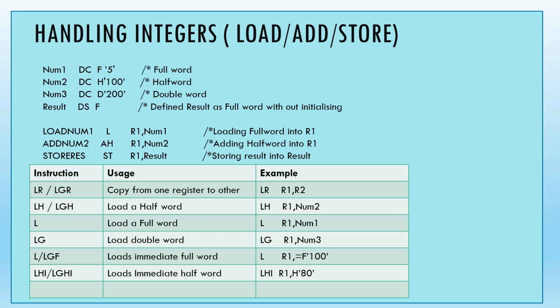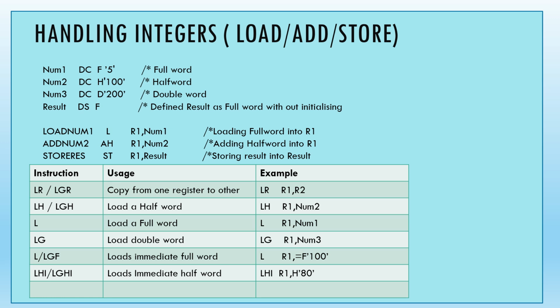So let us look again. LR is register to register. LH is halfword loading. L is loading a full word. Please remember there is no LF. LG is loading a double word. We can also use L with an immediate full word, that is, a literal: L R1 comma =F'100'.